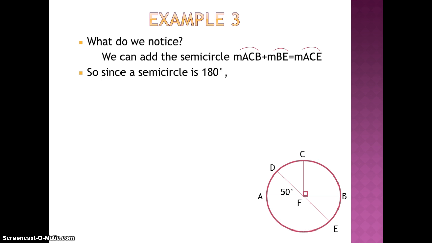So since a semicircle is 180 degrees, 180 degrees plus 50 degrees equals the measure of arc ACE, and that's going to be 230 degrees. So we added the semicircle plus the extra little bit we needed to get the whole arc.